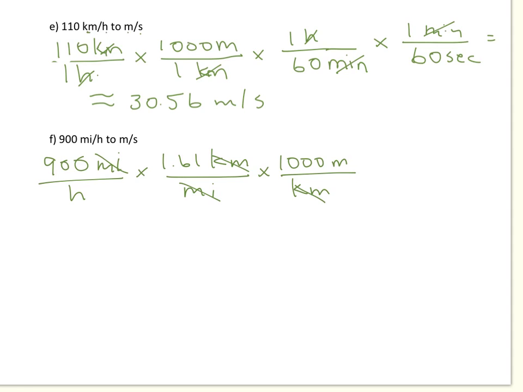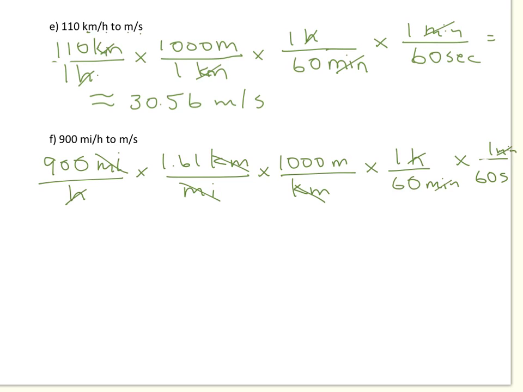So now we have the correct numerator units. And now we want to get seconds in the denominator. Well, 1 hour has 60 minutes in it. And 1 minute has 60 seconds in it. That does not look very nice, but that is supposed to look like seconds there. 60 seconds. So our hours have divided out, and that was a minute here.